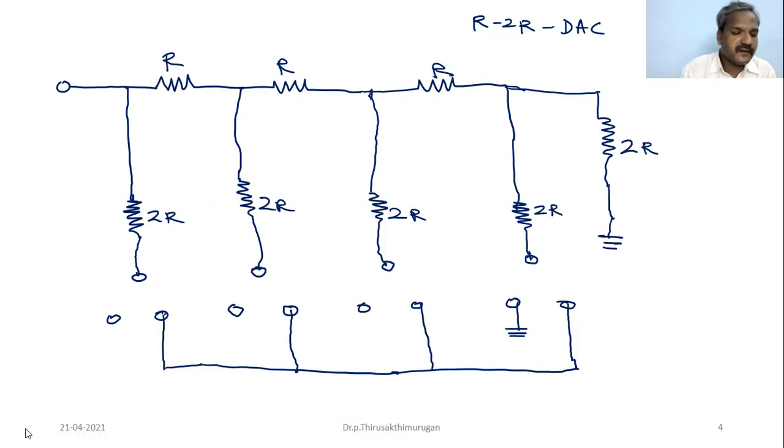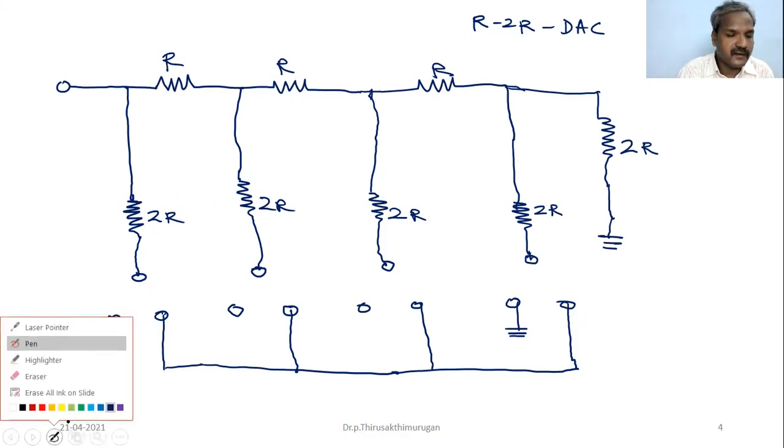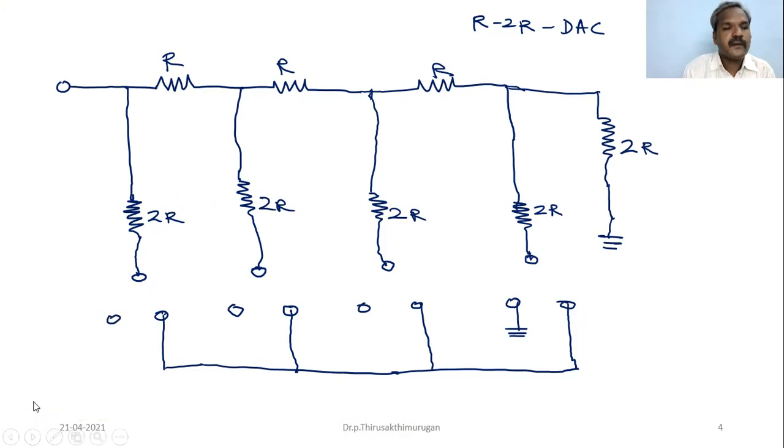This is V reference. This is the current I, so I equals V reference by R. Say these are all digital switches.